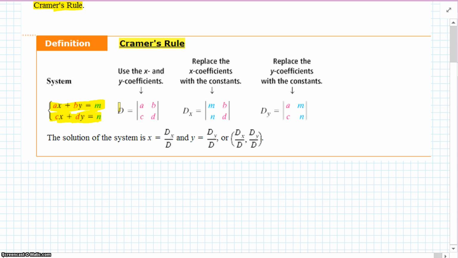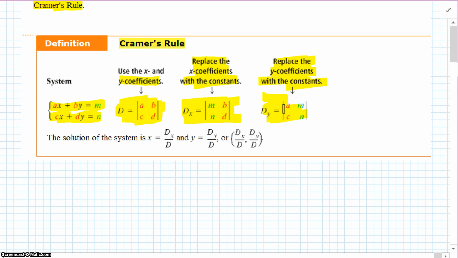So we can use matrices of the coefficients and find the determinant of that one. And then we can replace the x coefficients with constants, and we can get the d sub x. So we can get the determinant of the coefficients. We can get the determinant with the x coefficients replaced by the constants, and then we can get the d sub y by replacing the y coefficients with the constants.